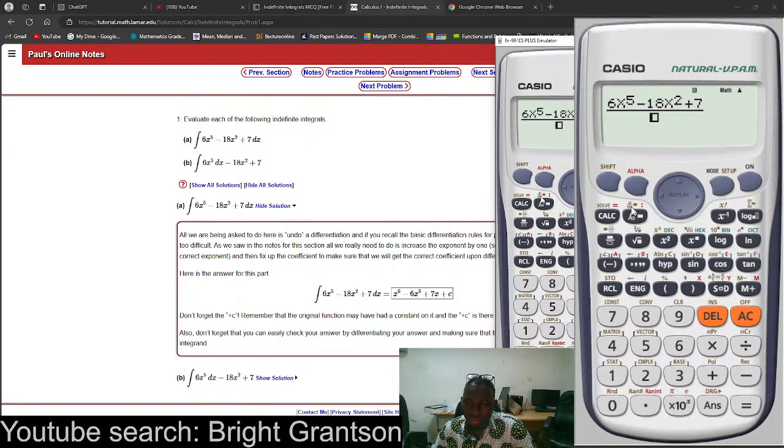Now when we come down, we differentiate the solution option. Imagine this is one of the multiple choice options. So we just punch 6x to the power 6, then minus 6x cubed plus 7x.